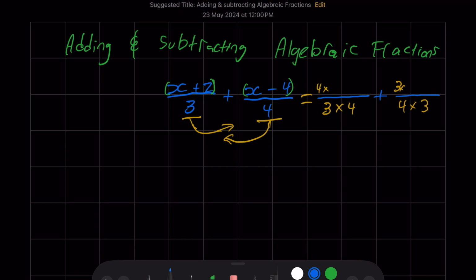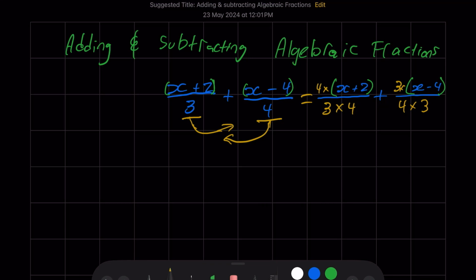Let's add in the top. This is why we have the brackets, because when you write this, you need to write it with the brackets. X plus 2 and keep it in brackets. Same on this side. X take 4, keep it in brackets. So that is step 1 done.